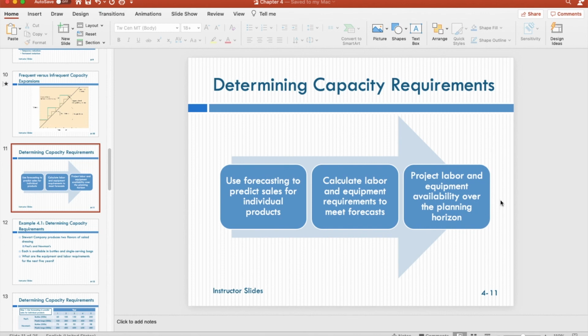So you see, these are the three steps that we do sequentially, starting from forecasting, looking at the whole performance, and then we project the labor and equipment availability over this planning horizon. So that will be the whole procedure during this process.